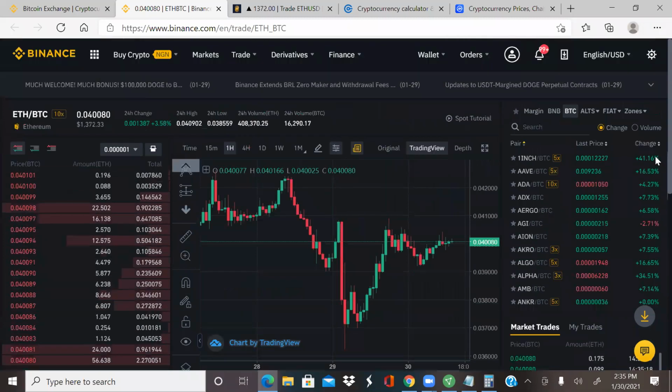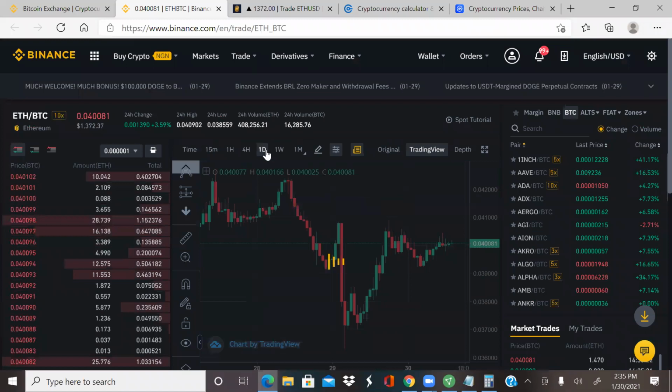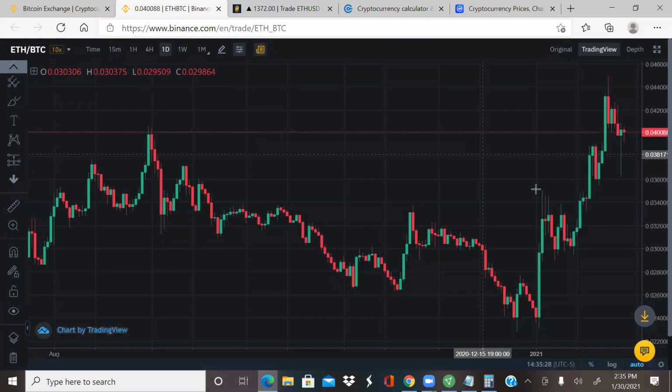Now, basically, Ethereum. Okay, let's go to the Ethereum 1-day chart. This candlestick is on the 2nd of January of this year, which is this buy candle.